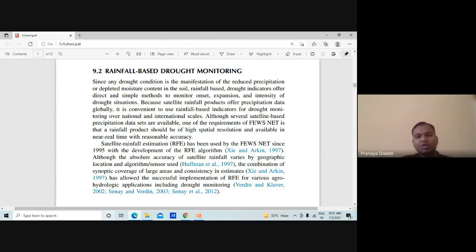Because satellite rainfall products offer precipitation data globally, it is convenient to use a rainfall-based indicator for drought monitoring over a national and international scale. Although several satellite-based precipitation data sets are available, one requirement for drought assessment and monitoring is that a rainfall product should have high spatial resolution, be available in near real time, and have reasonable accuracy.